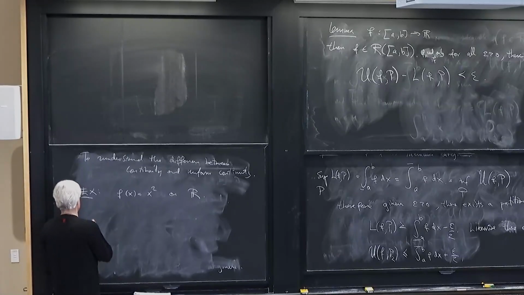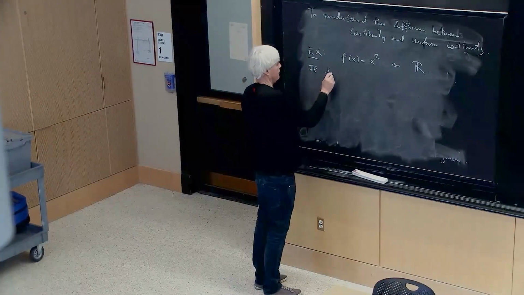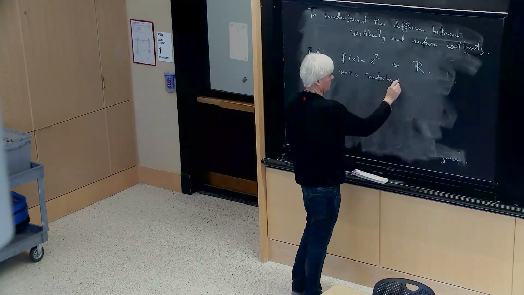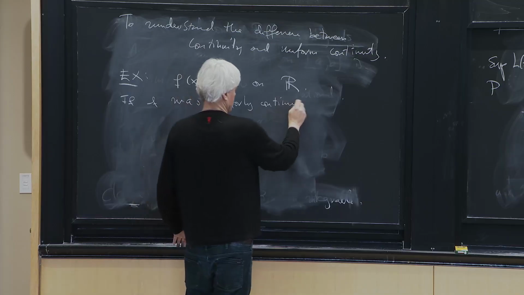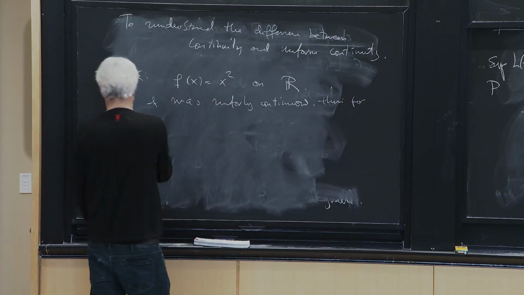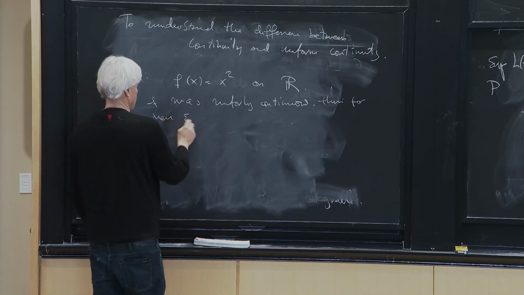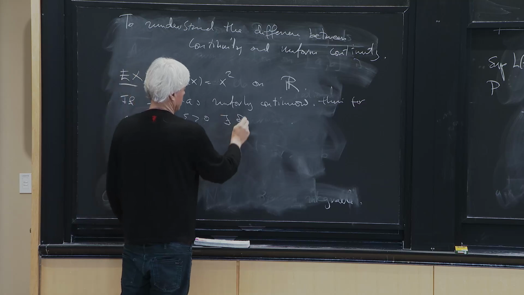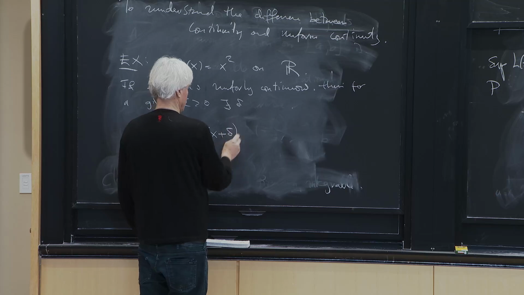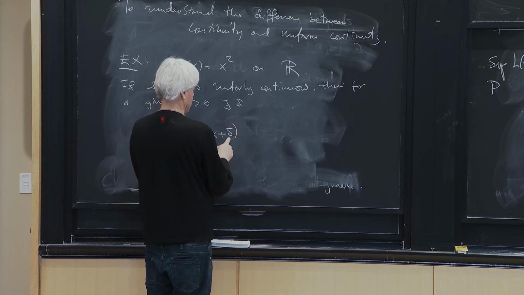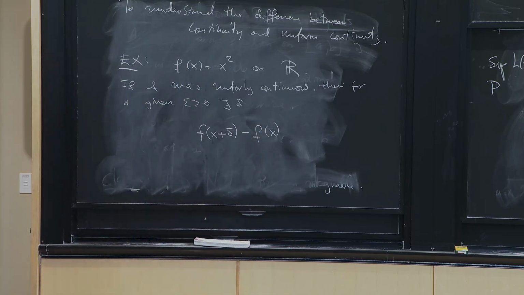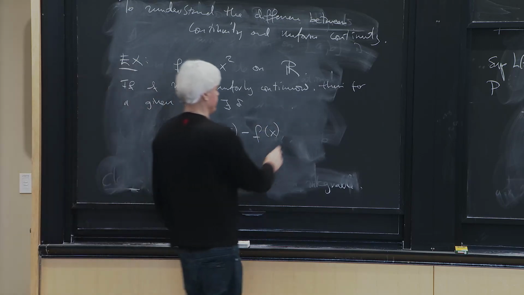And if f was uniformly continuous, then for a given epsilon greater than zero, there would exist a delta so that the difference between the value at x and the value at x plus delta would have to be less than epsilon.